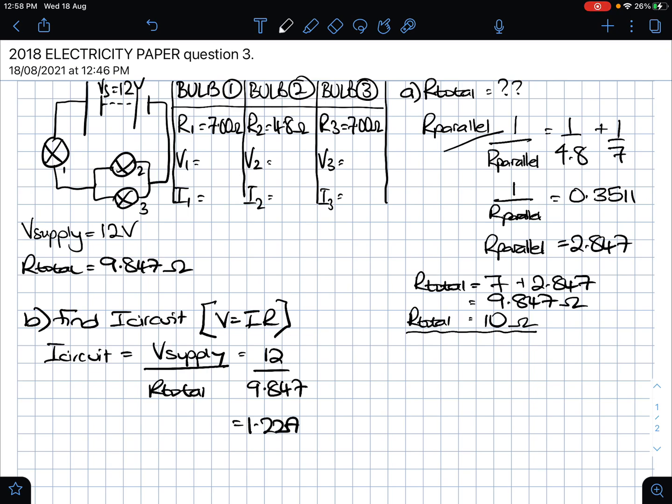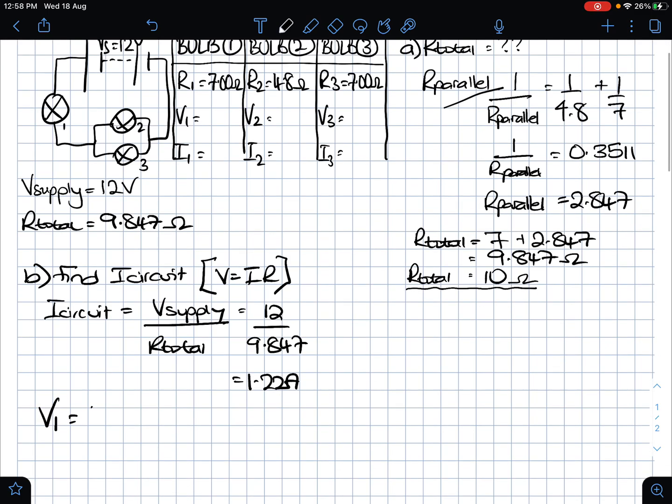So that's the current that's flowing through bulb 1. So for bulb 1, to get the voltage, the voltage of bulb 1 is going to be the current going through bulb 1 times the resistance of bulb 1.